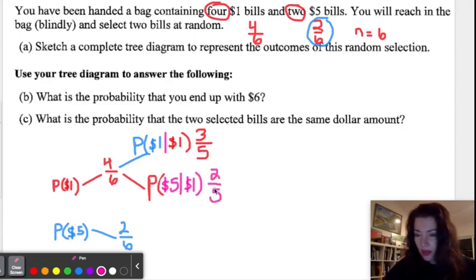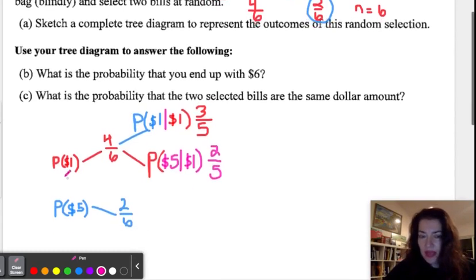Now, one thing I want to mention is that picking $1 or picking $5 are mutually exclusive because it's either a $1 bill or a $5 bill. Notice that the total amount here adds up to 100%. In other words, the first time I pick a bill, it's either 4 out of 6 or 2 out of 6, and if you add it together, the total outcomes are 6 out of 6.